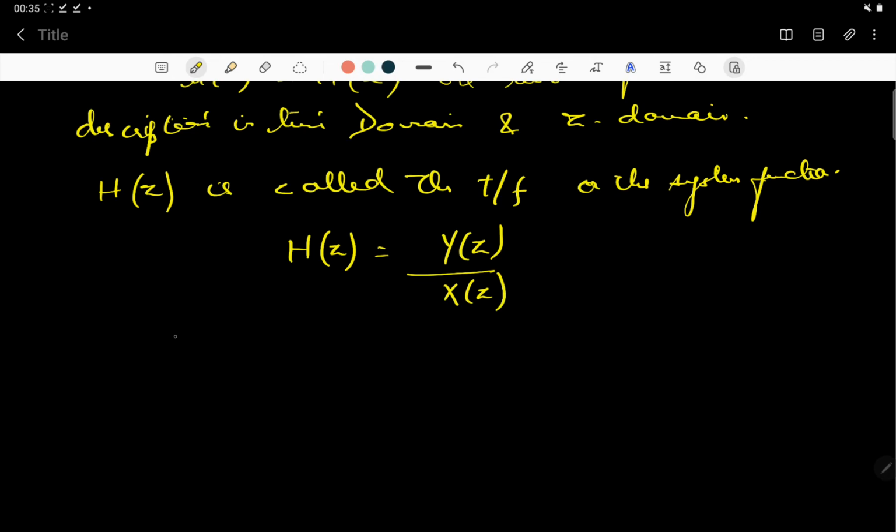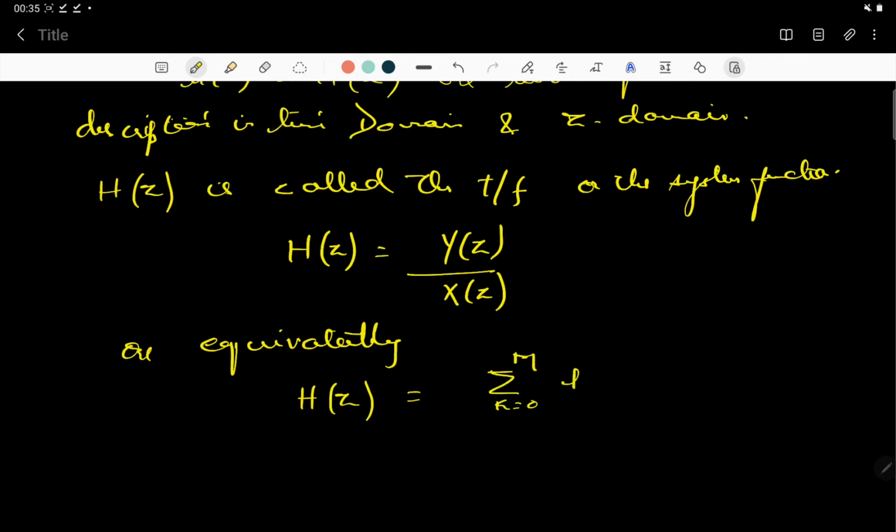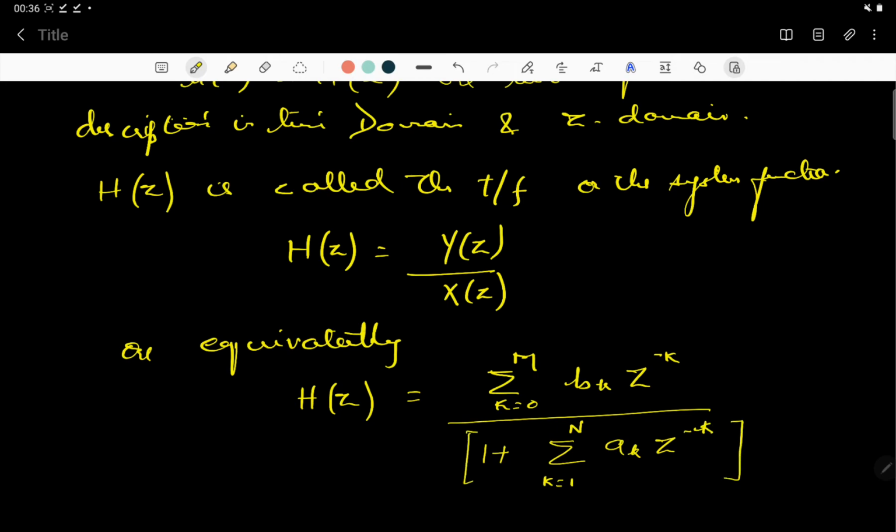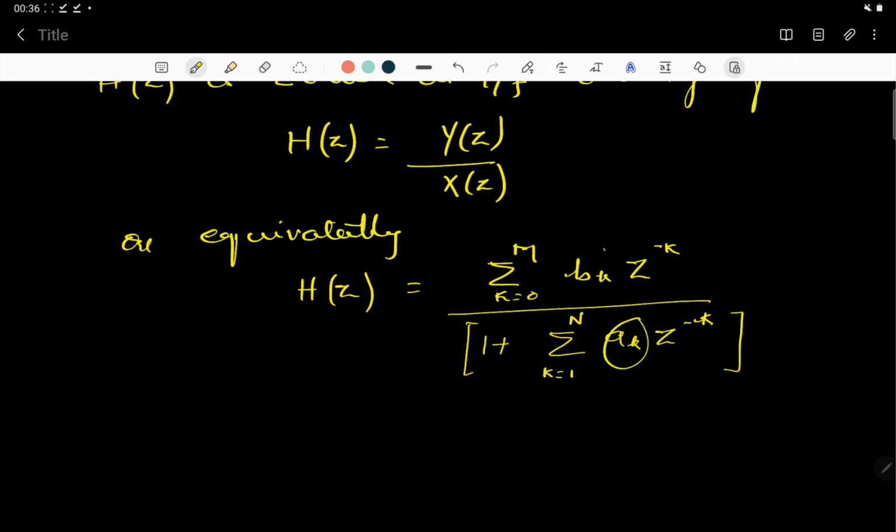Equivalently, it can be expressed as H(z) equals the summation from k equals 0 to m of b_k z to the power minus k, upon 1 plus the summation from k equals 1 to N of a_k z to the power minus k, where the constants a_k and b_k are real.